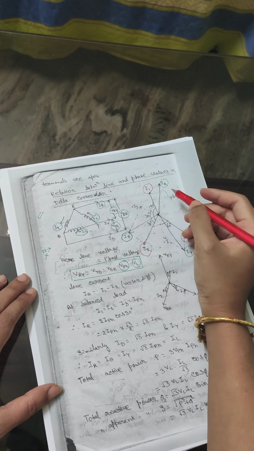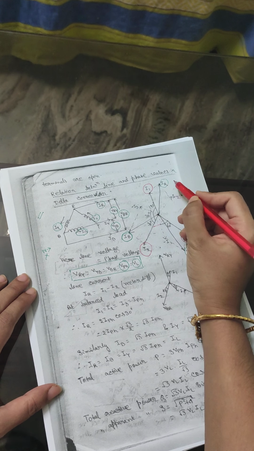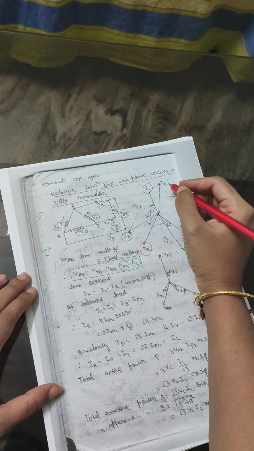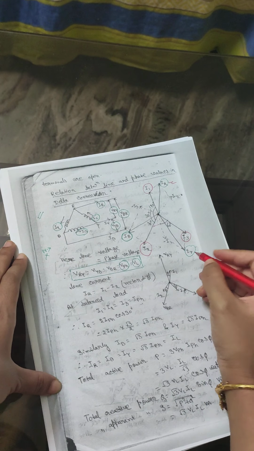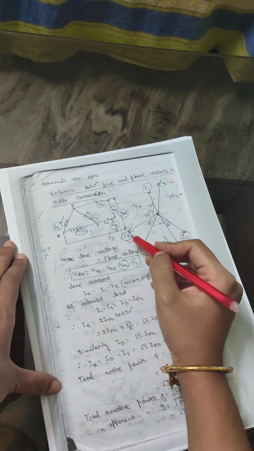Now the same thing, when we want to find out the line current, here the line current is IR, here IY and there IB. Three line currents are there: IR, IY, IB.